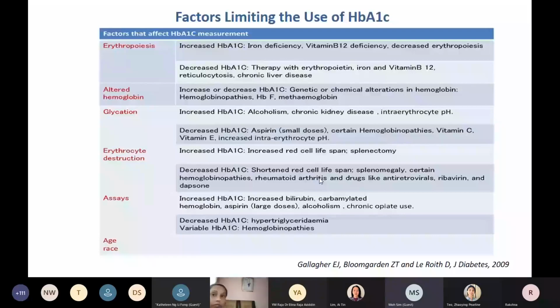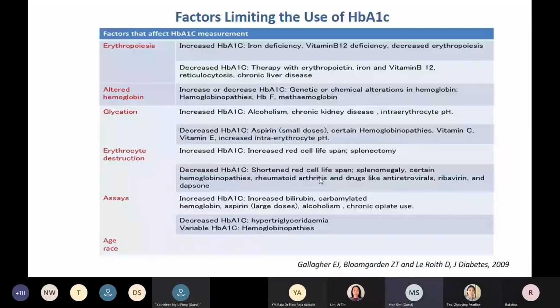HbA1c values can also be affected by glycation, and increased glycation products can be seen in alcoholism, chronic kidney disease, and intraerythrocyte pH changes. Reduced HbA1c values can be seen in patients who take aspirin even in small doses. Reduced HbA1c can be seen in certain hemoglobinopathies, and in patients who are consuming vitamin C and vitamin E.